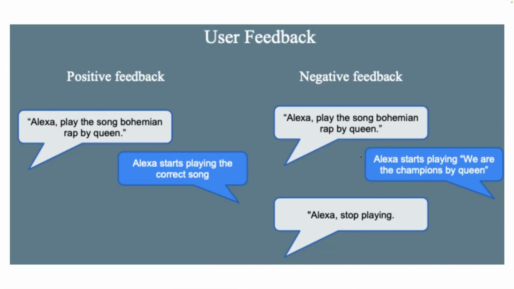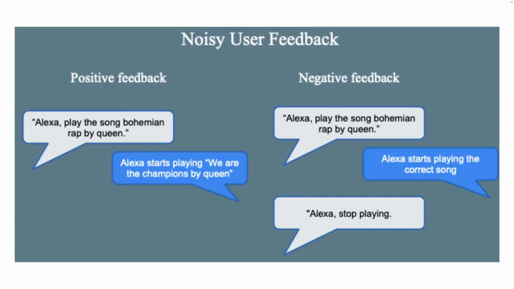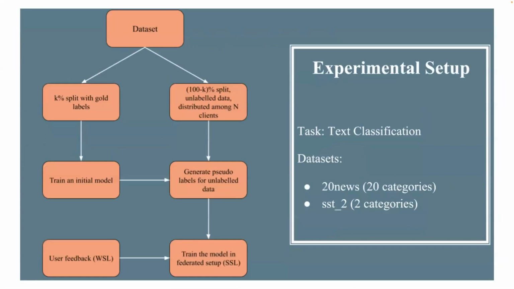So through that interaction, you are getting label information. Of course, you should be aware that these are also going to be noisy. For example, maybe the user asks for a song, Alexa plays the wrong song, but the user changes their mind, or vice versa. So these are not 100%. They generate labels, but they are going to be noisy, so to leverage them, you have to handle noisy user feedback.